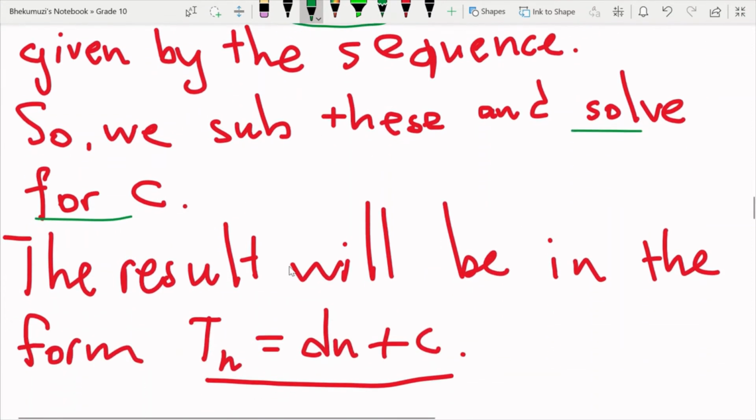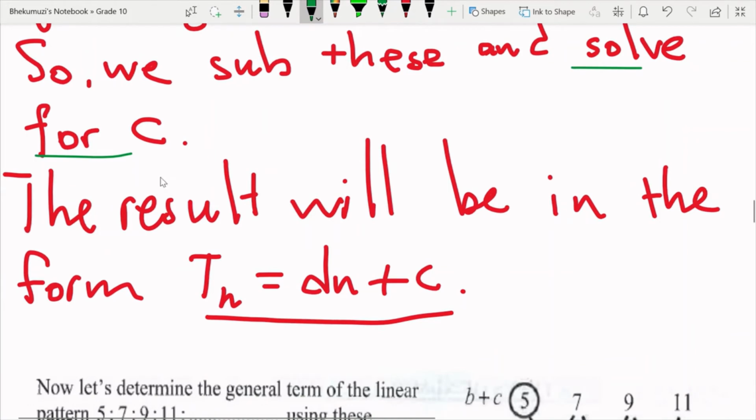So the result will be in the form Tn equals dn plus c. And that is quite interesting, right? So now you know how to determine whether it is a linear pattern, and you know how to get your c.